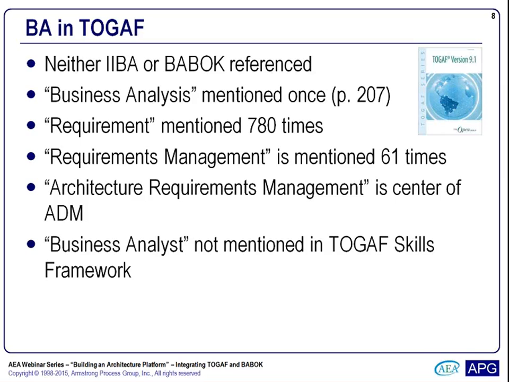So, because requirements are such a central theme throughout TOGAF, and the BABOK is the internationally recognized set of best practices around requirements management and other business analyst activities, there's a real gap here from the TOGAF side.